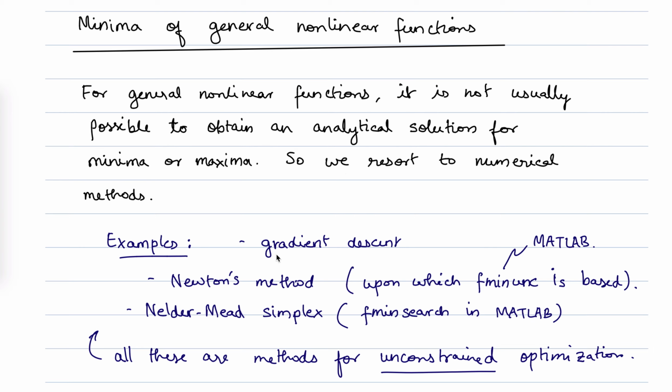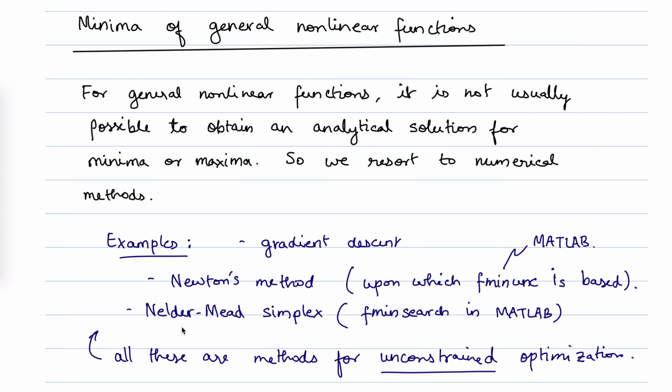Examples include, well, you may have heard of some of these methods. Gradient descent is one of them, which we will look at in a minute. Newton's method, and it's upon this method that fminunc in MATLAB is based, which is something that we've already used. There is a method called Nelder-Mead simplex, which is the basis for fminsearch in MATLAB.